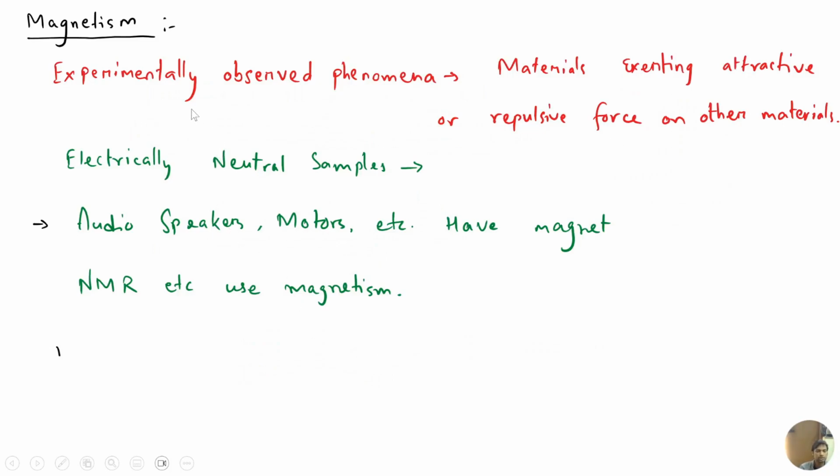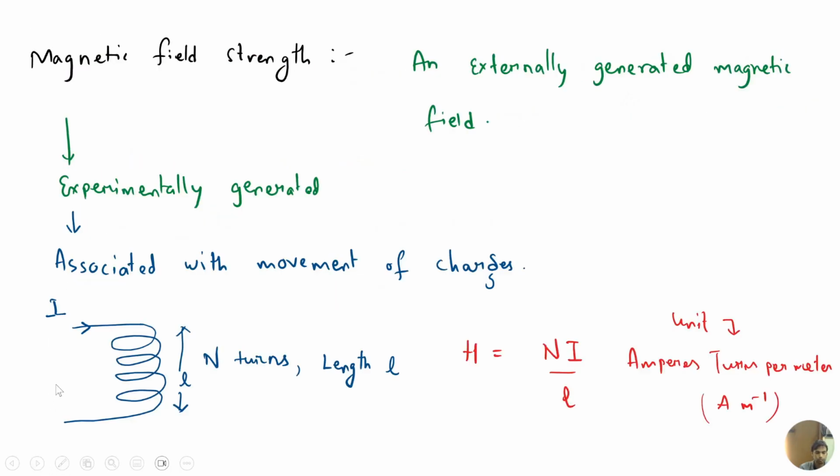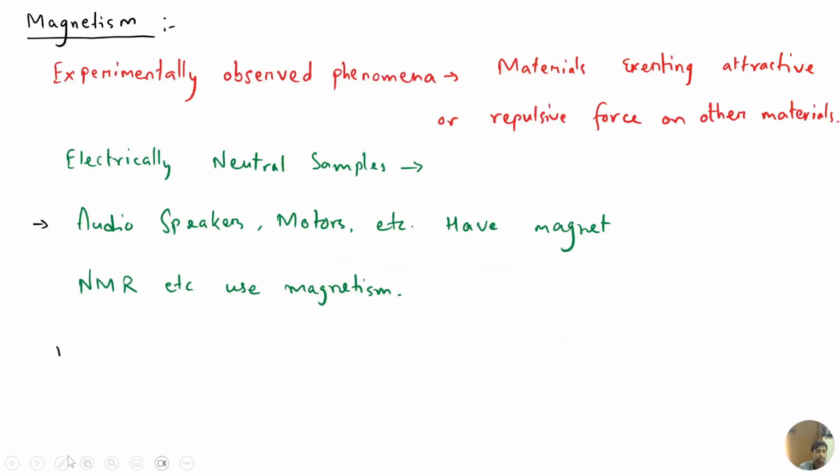Magnetism is an experimentally observed phenomenon in which materials exert a certain kind of attractive or repulsive force based on their polarization and certain properties. These materials are usually electrically neutral samples, and they have a number of uses in audio speakers and motors.